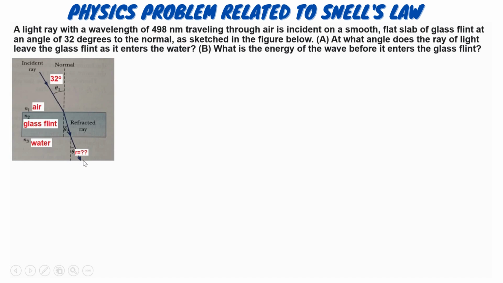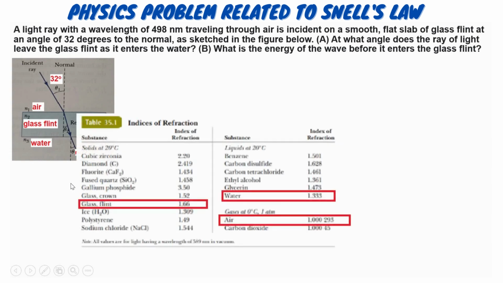Now, what we need to find out for letter A is the angle of refraction when the ray of light leaves the glass plane and enters the water. To complete the given variables, we can make use of the following table.